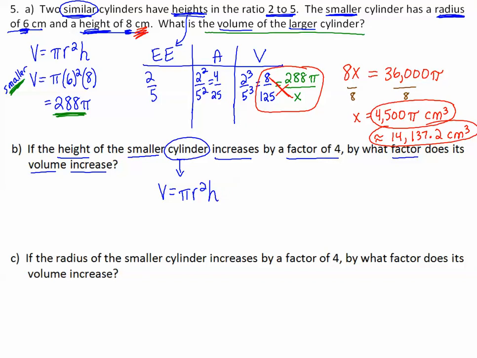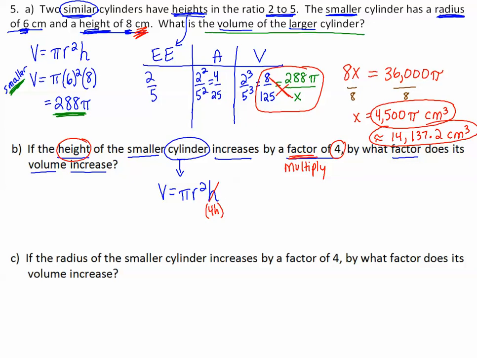So let's think about what we're changing. The height of the cylinder increases by a factor of 4. Factor means multiply. Factors are things that are multiplied. So if the height increases by a factor of 4, that means instead of just h, we can put in that spot 4h.